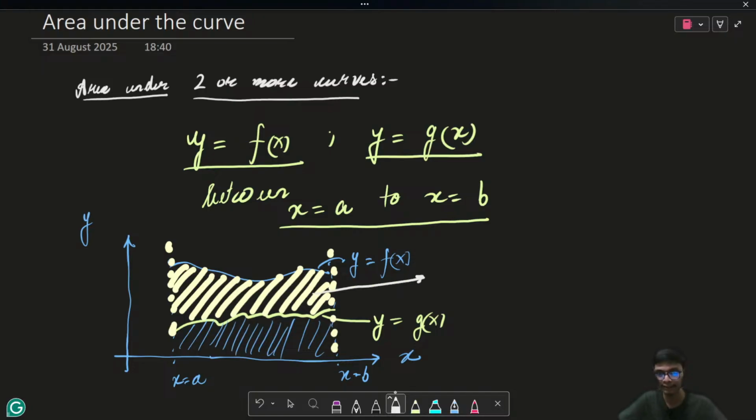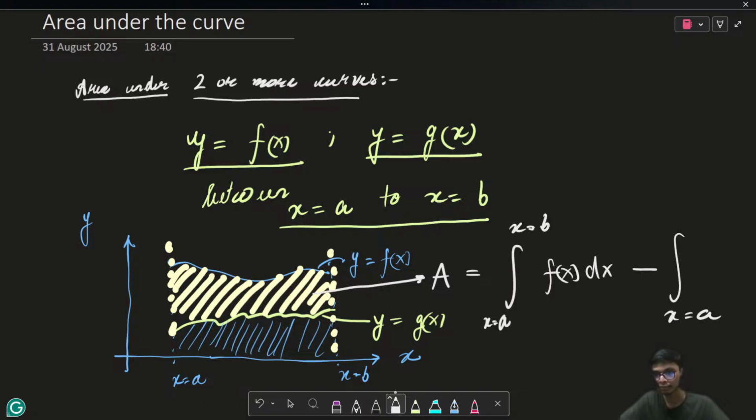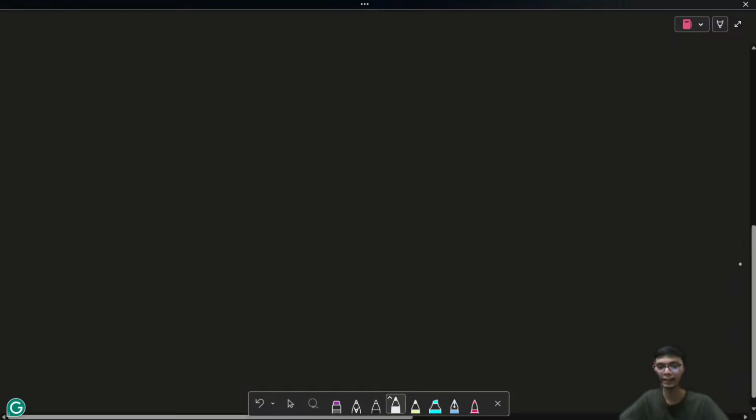This is my required area, let us say A. In order to find this required area, first I'm going to find, from x equals a to x equals b, the area bounded by the function f of x dx, right? And then subtract from it the part of the area which is bounded by g of x. This is something that I'm going to do over here.